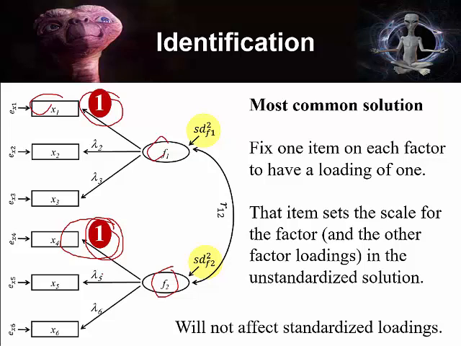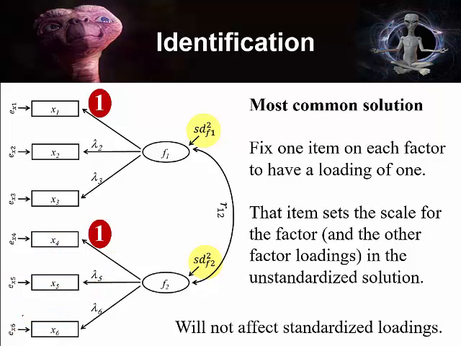Instead of constraining x4 to have a loading of 1, I could have let that one be free to vary and constrained lambda 5 to be 1. I could pick any one of the indicators of a factor to be the scaling item, the one I'm going to use to scale my factor.